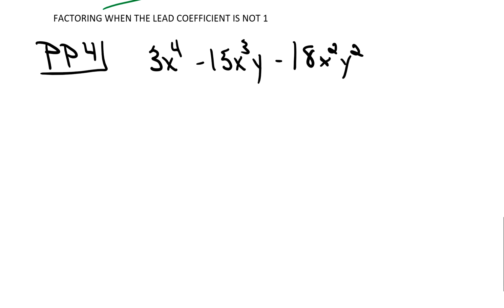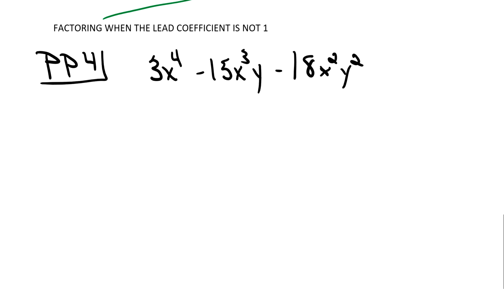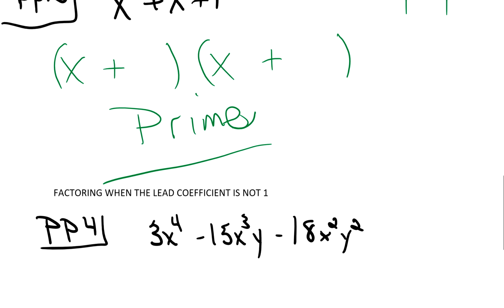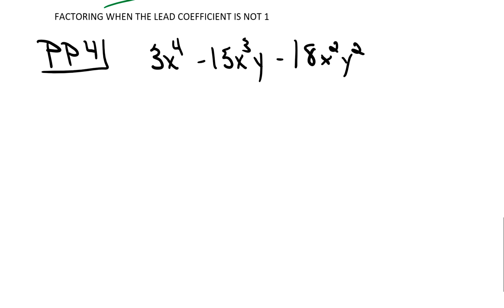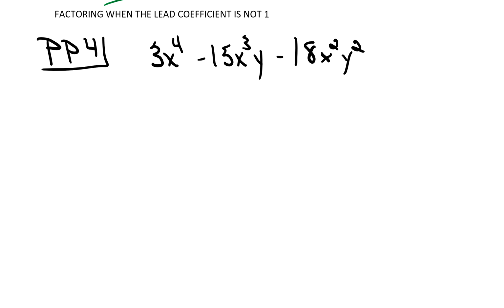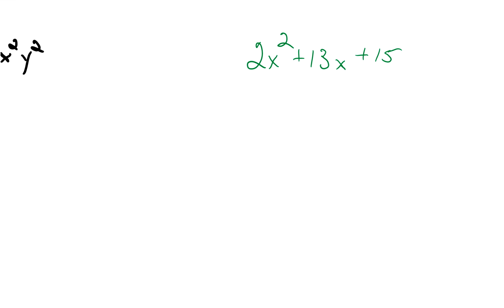Okay, let's go to practice problem 4. Factoring when the lead coefficient is not 1. Okay, well here we go. Let's do something a little easier first. Hold on. Okay, here I've got an example.